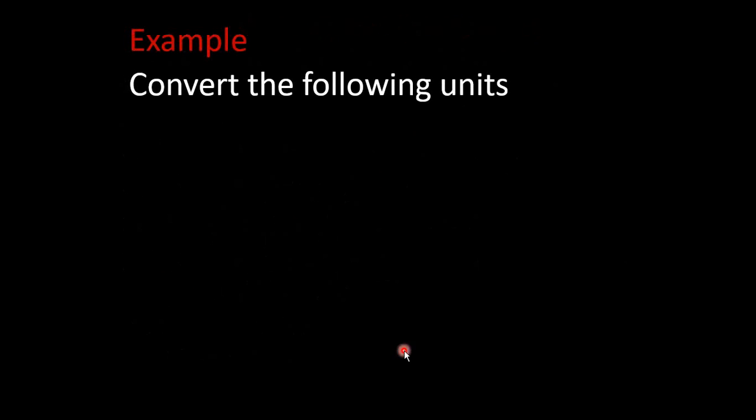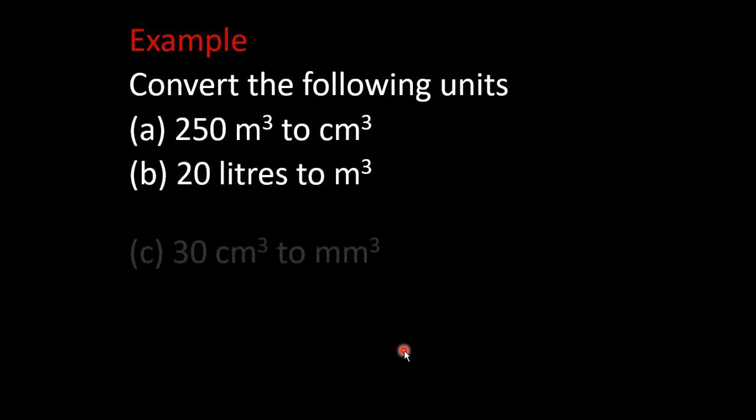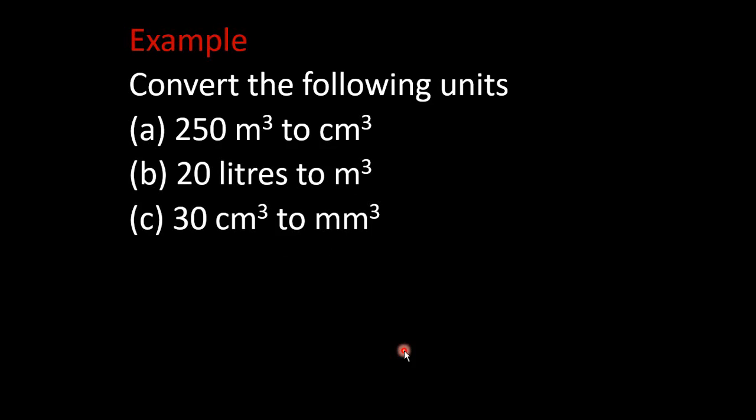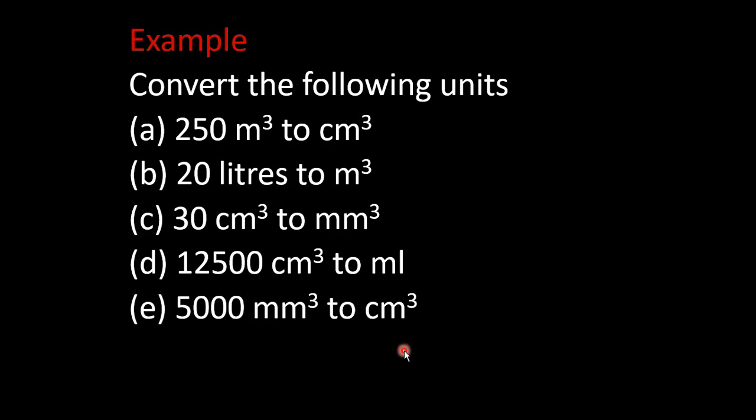Part A, first of all, convert the following units. 250 cubic meters to cubic centimeters, then 20 liters to cubic meters, 30 cubic centimeters to cubic millimeters, 12,500 cubic centimeters to milliliters, 5,000 cubic millimeters to cubic centimeters, and lastly 15,000 cubic centimeters to liters.